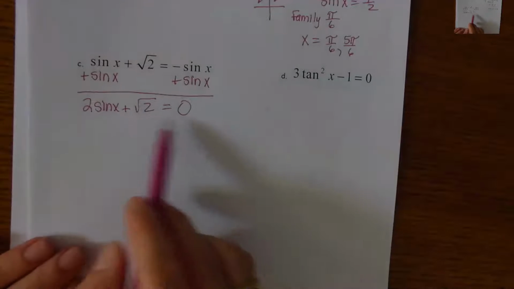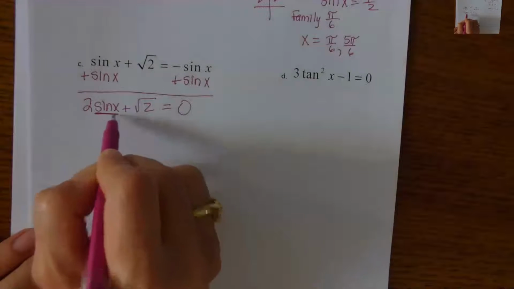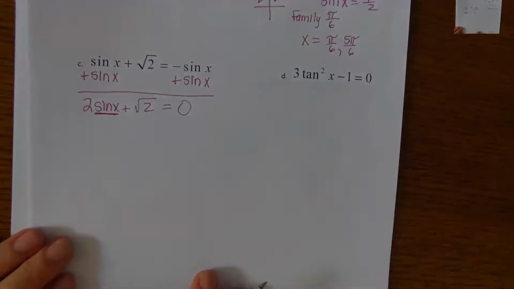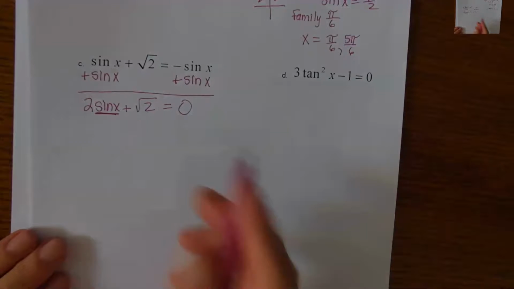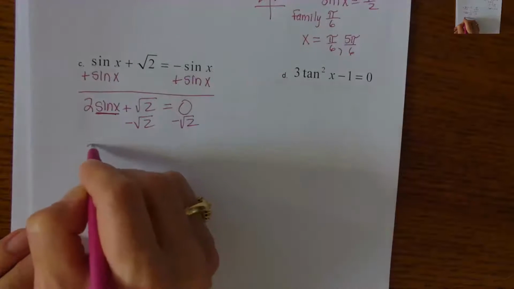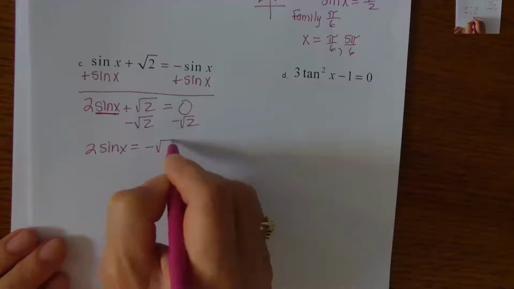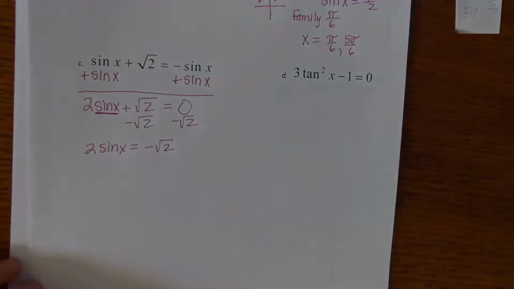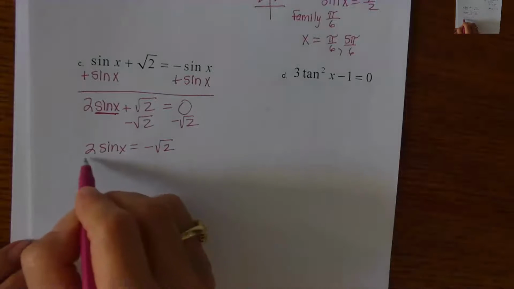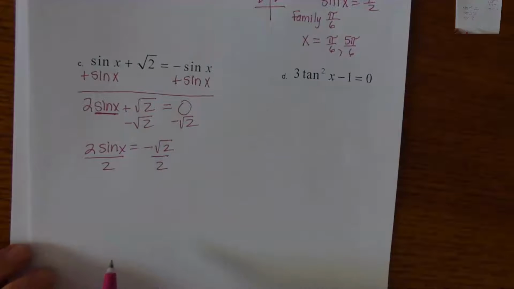Yes, we should scoot this over because remember, this right here, this sine x is actually your variable. So we need to get it by itself. Now what will we do? Divide by 2. I want you to note the distinction.